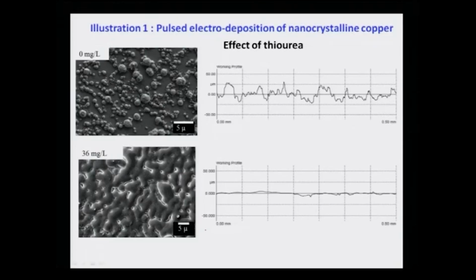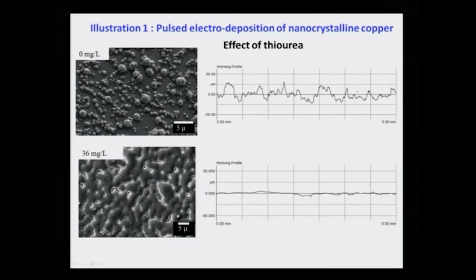First, I will show you two SEM pictures, scanning electron microscopy images of the thin film deposited on stainless steel substrate. The first one is deposited when there is no thiourea. So, you can see very discontinuous deposits, and obviously using a laser scanning profilometer one can measure the roughness to characterize quantitatively how rough the deposit is, which is shown on the right side of the picture.